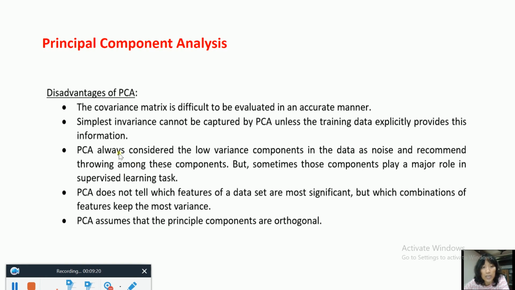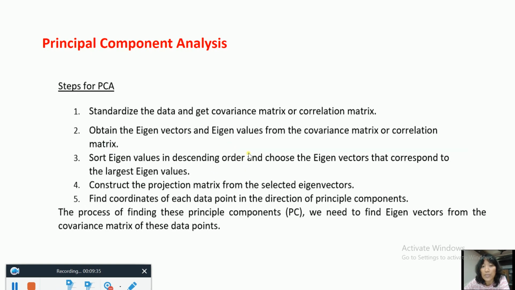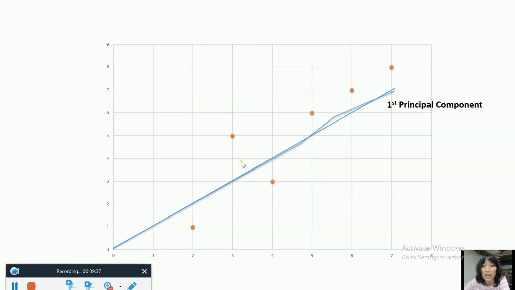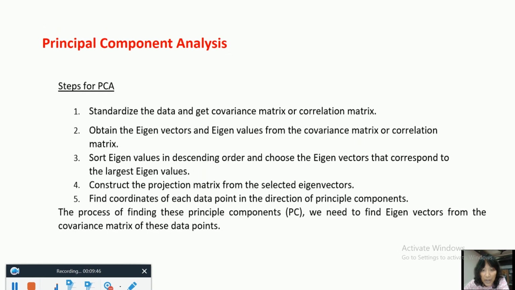The third is that PCA always considers the low variance components in the data as noise and recommends throwing away these components. When I see the variances in a single direction, PCA will consider the low variance vectors.